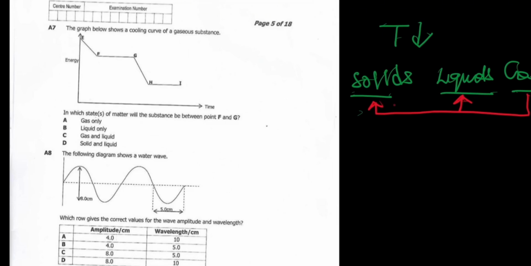Because we are decreasing the temperature or the energy in this direction, the starting point here is the gaseous state of matter. So E is pointing to gas. Now from E to F, the temperature actually decreases significantly, which means that we are trying to condense this gas.